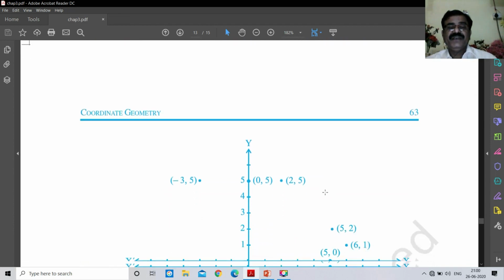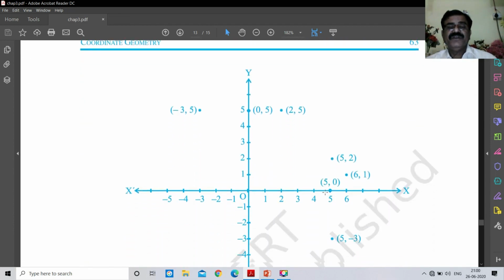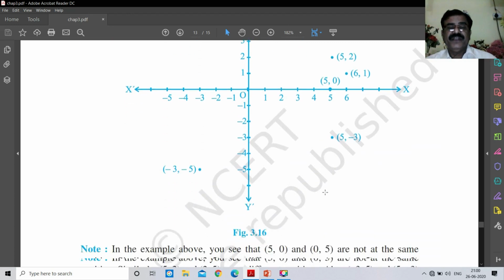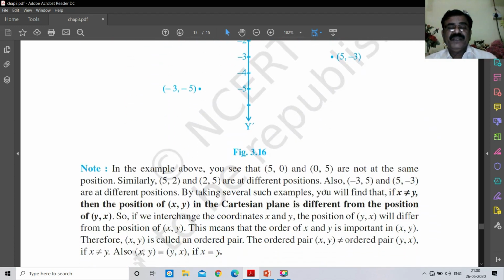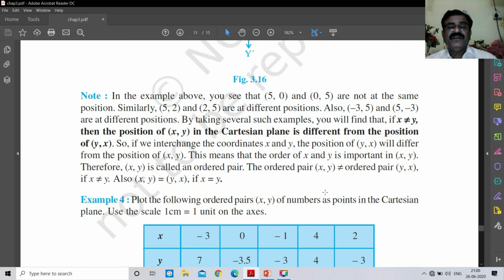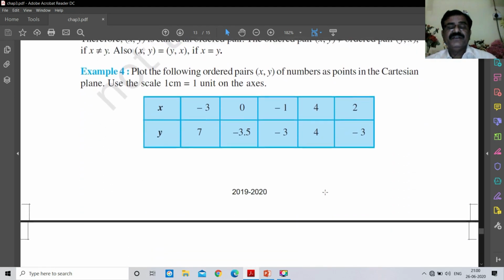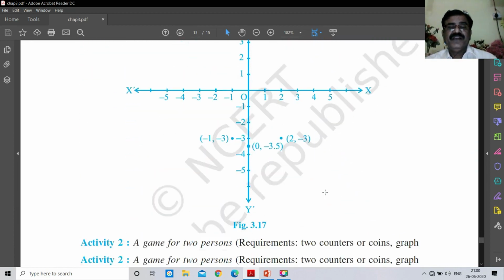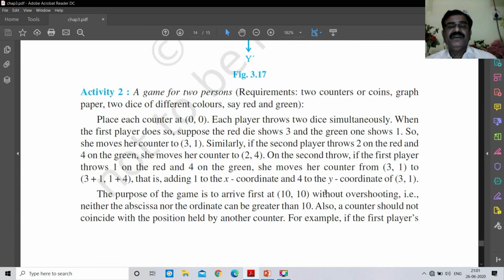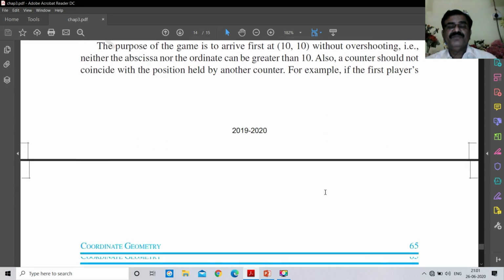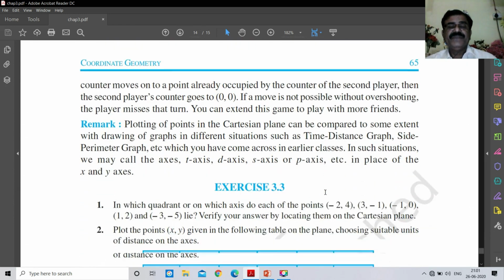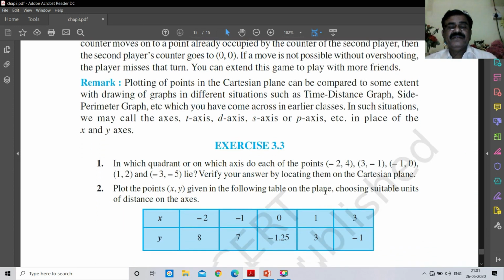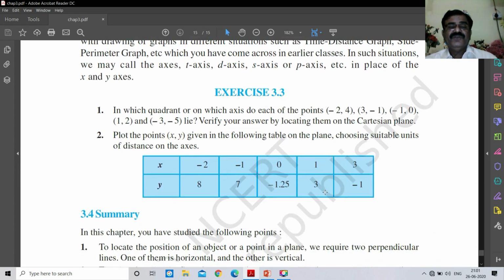As a precaution, you have to use graph paper only. By plotting the points on the graph, accuracy will be there, and very easily you can plot and locate the point in the Cartesian plane. So I think, students, you can solve exercises 3.1, 3.2 and 3.3 also.